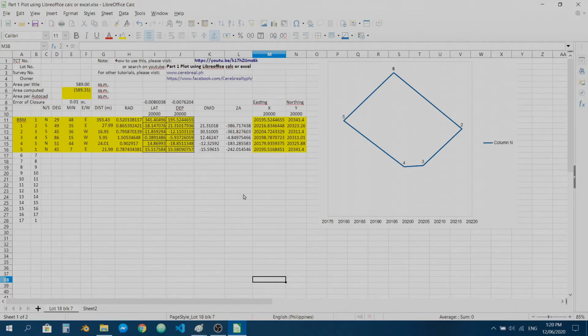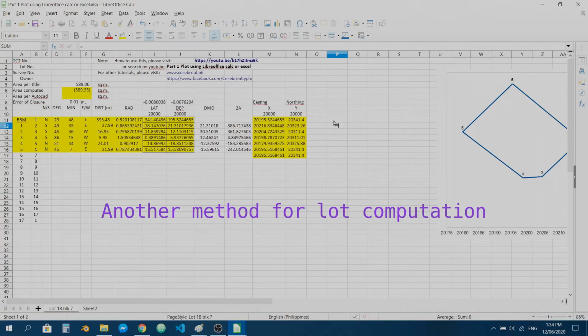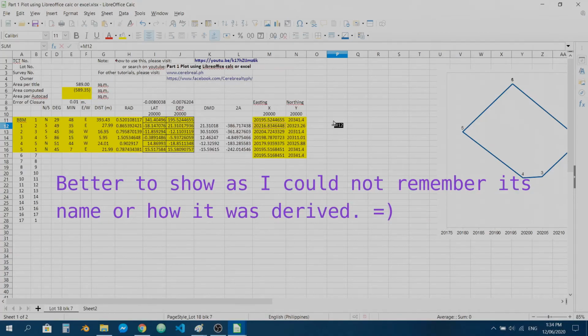There are other methods that we can use to compute for the lot area, for example using this.